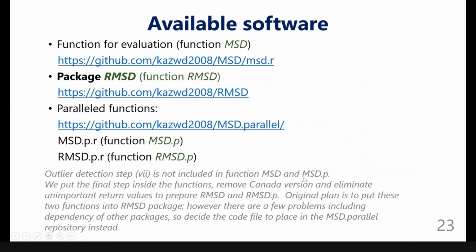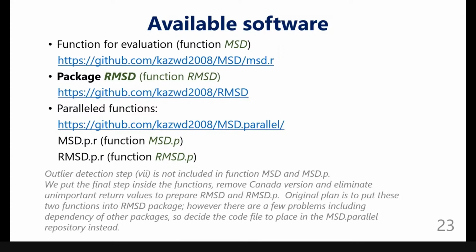That was my previous work, and for this year, I revised function MSD and its parallel one for this conference, and made an RMSD package, but ran out of time due to some problems such as dependency of used packages for the parallel version.